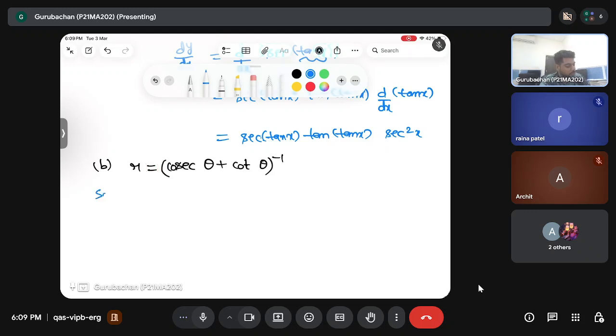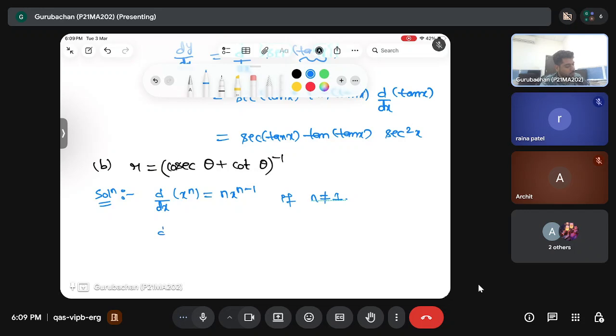Here, you know that d over dx of x to the power n is nothing but n x to the power n minus 1, if n is not equal to 1, only when.